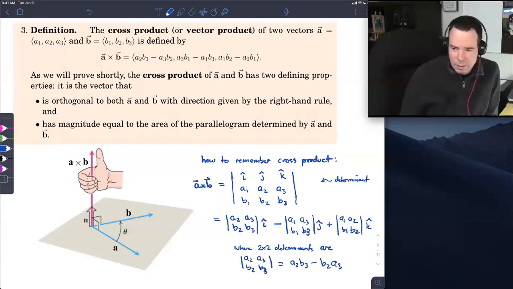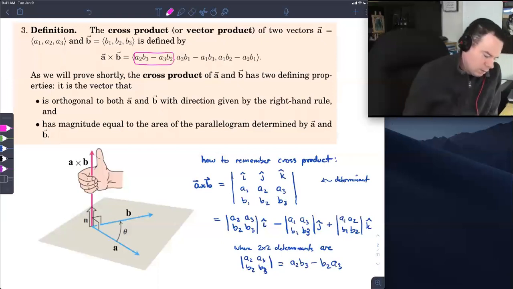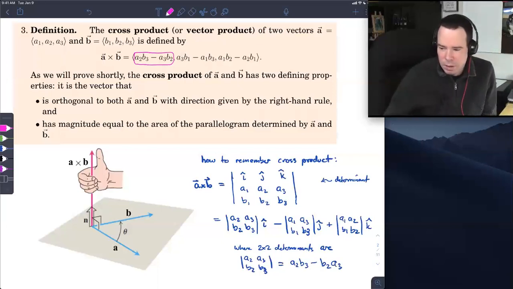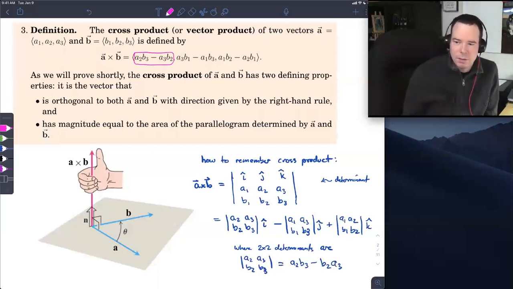And you can see that that's precisely what's sitting here in this first entry. It's A2B3 minus A3B2. And then the next entry is just that determinant of the A1, A3, B1, B3 matrix, but with the negative sign in front means that our terms are switching.